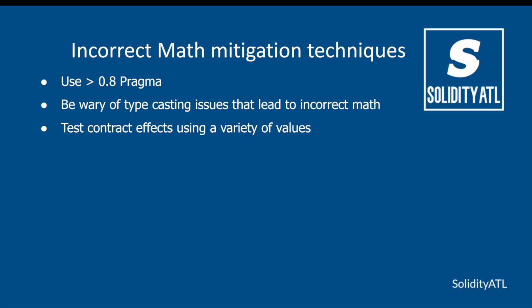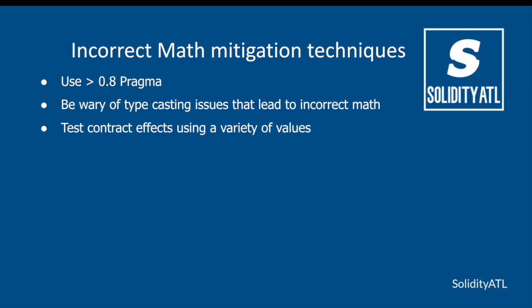And the last thing, which covers what we just talked about, is that you need to make sure you test your contract using a variety of values. For example, the developers of BalancerFi maybe didn't test for cases where a whale interacts with their smart contracts, or a flash loan.